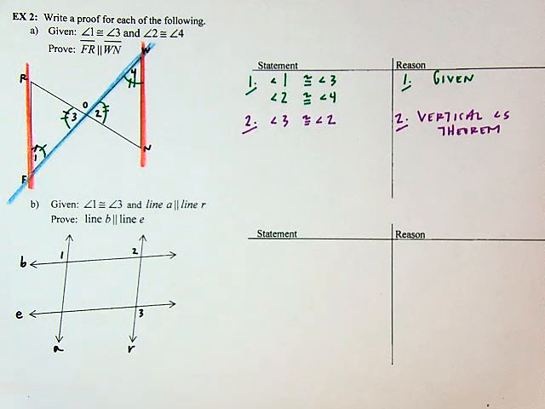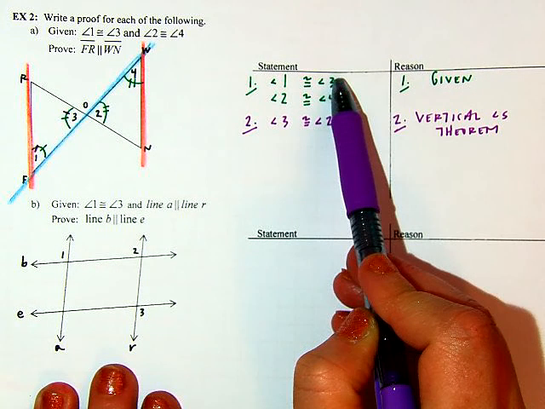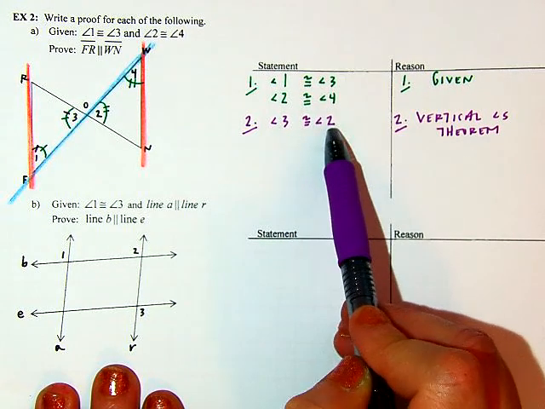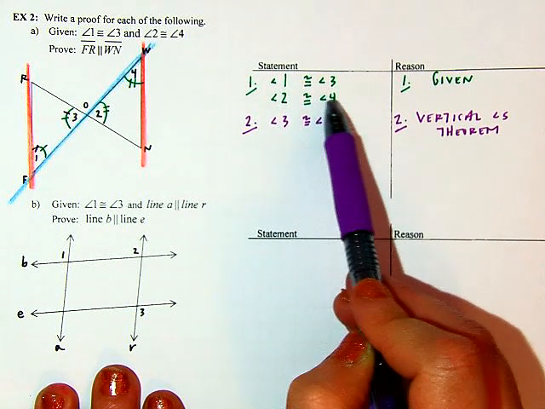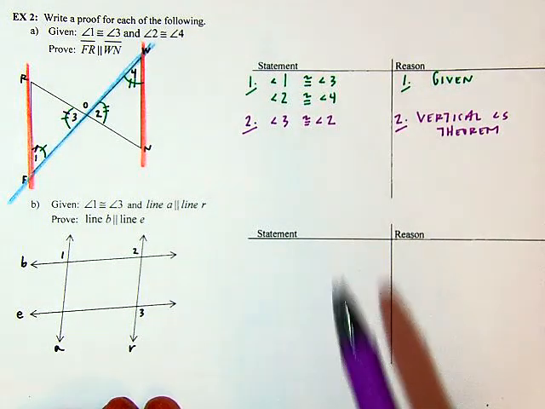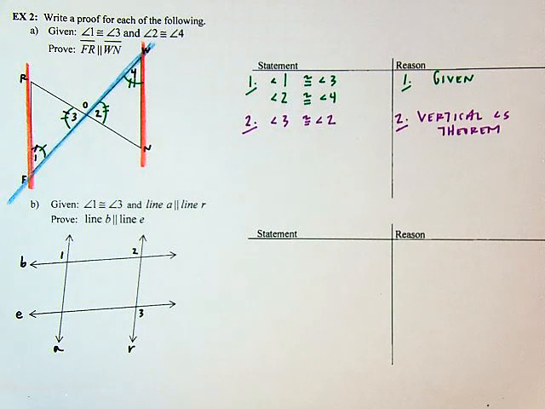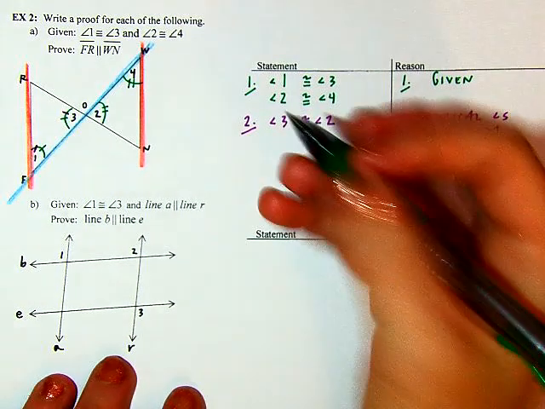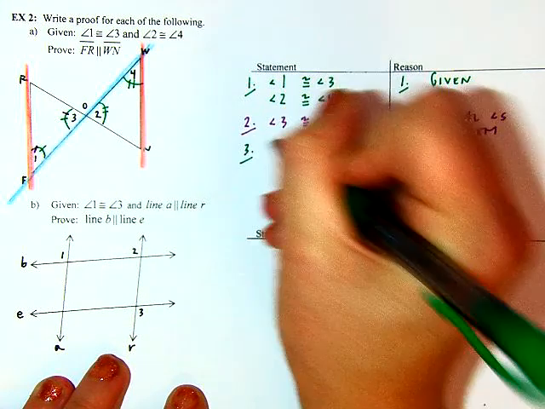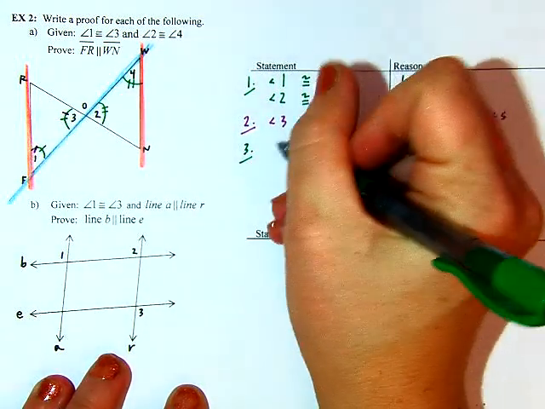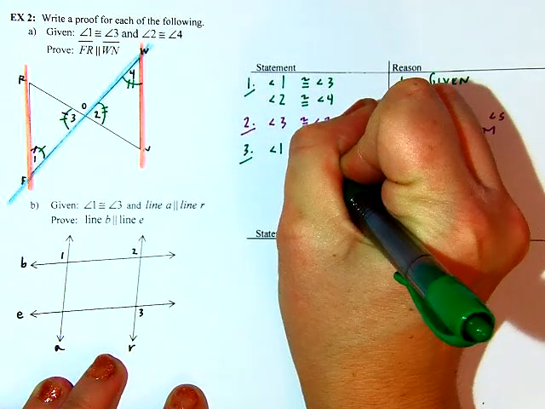So if I look at why that's true, well, if I've connected 1 to 3, and I've connected 3 to 2, and then 2 to 4, well, I can finish off that chain using substitution. If you argued transitive property, I would take that as well. So transitive is 3 or more connections. Substitution, we are seeing, let me just write it first. We are seeing how we can substitute and get to angle 1 congruent to angle 4.